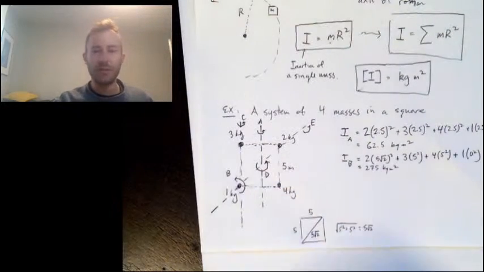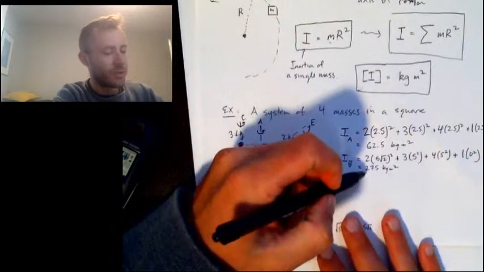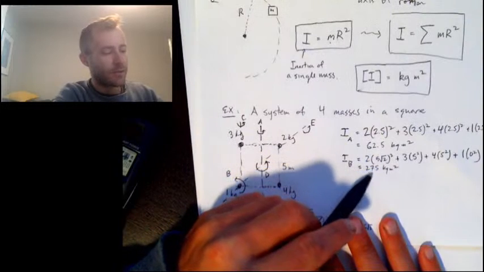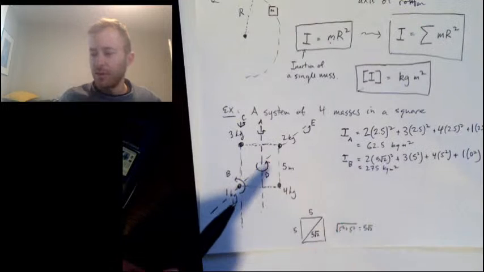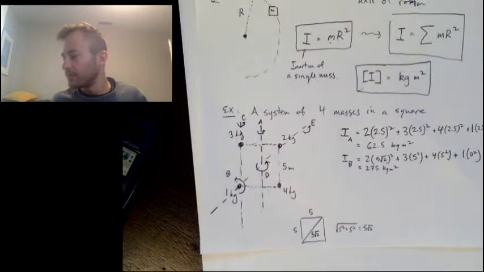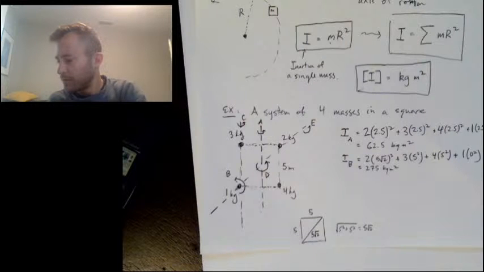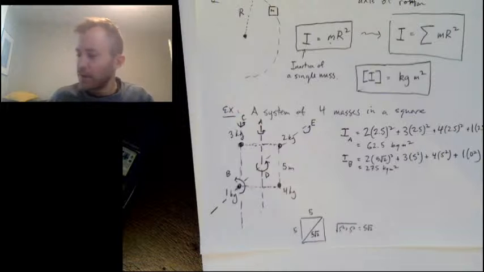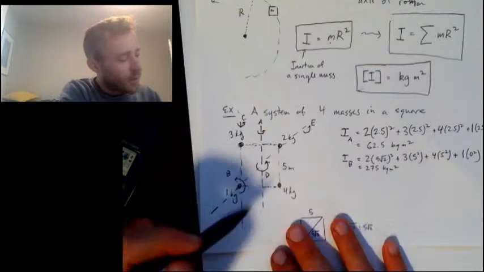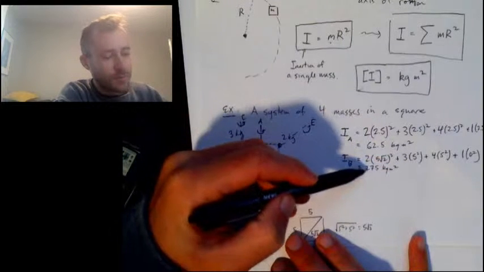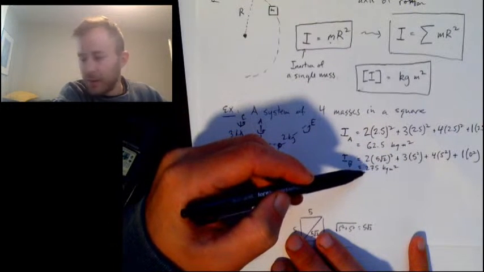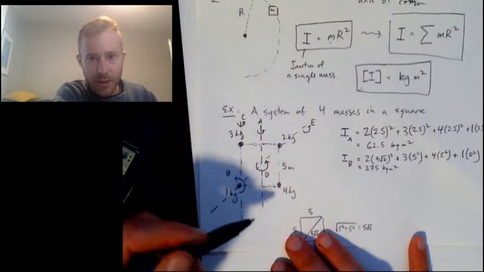So what that means is that because the rotational inertia about axis B is greater than the inertia about axis A, it's going to be a lot more difficult to rotate about axis B than it is to rotate about axis A.